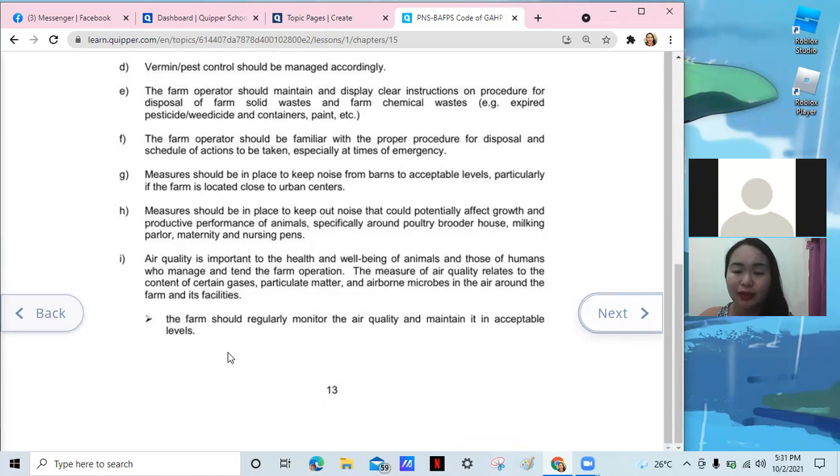So actually mabaho yun talaga ang ating animal farm. That's very normal, especially kasi because of the urine, and of course nagfa-fart na sila and so on. And that's why the farm should be regularly monitored in terms of air quality.